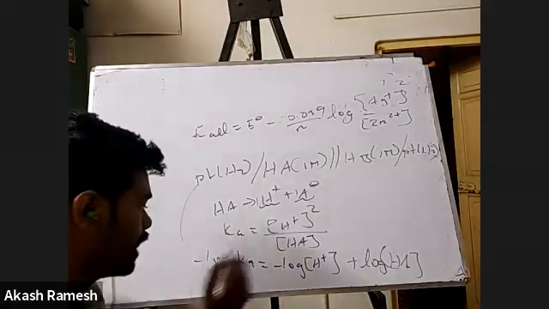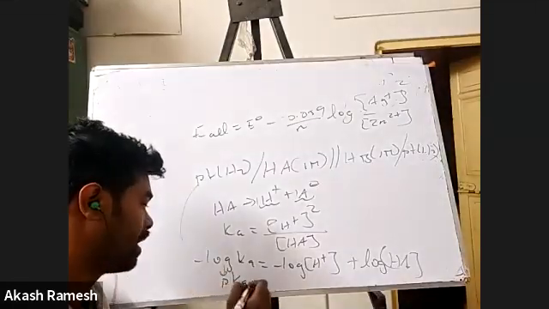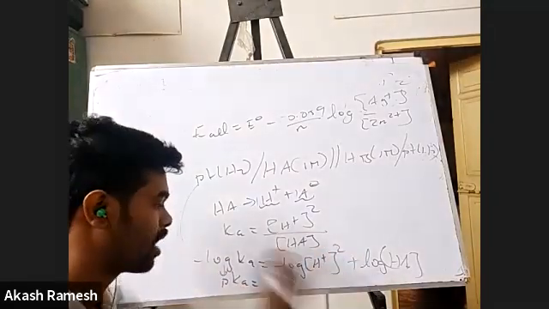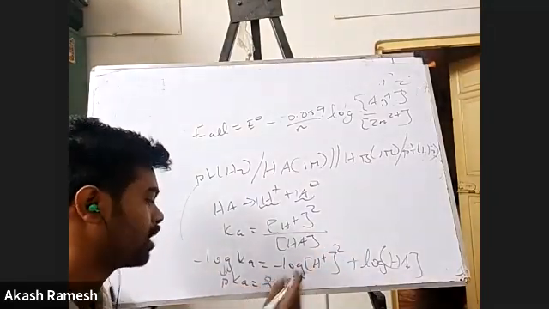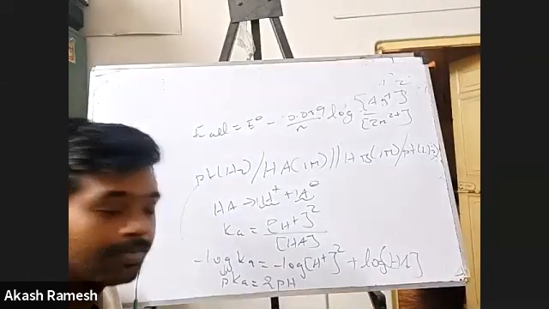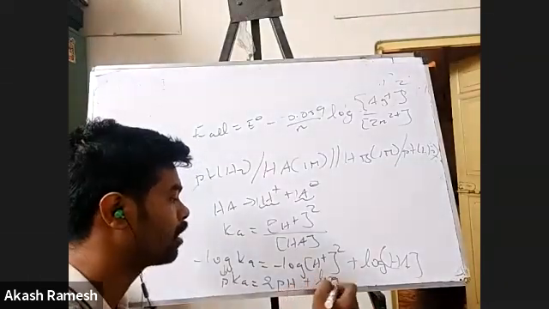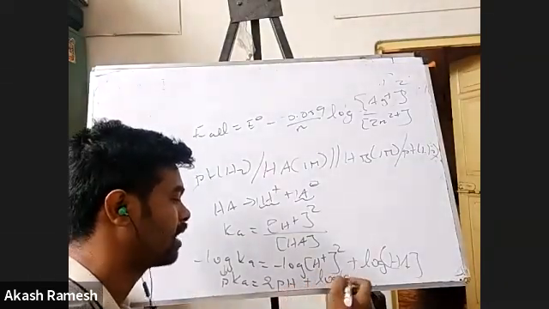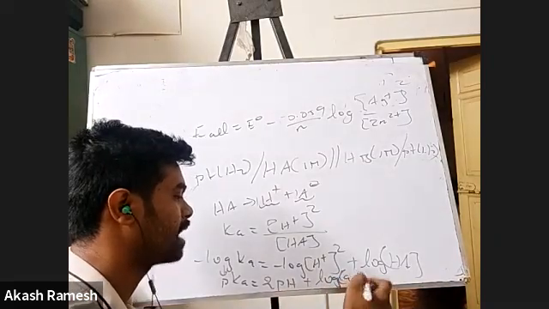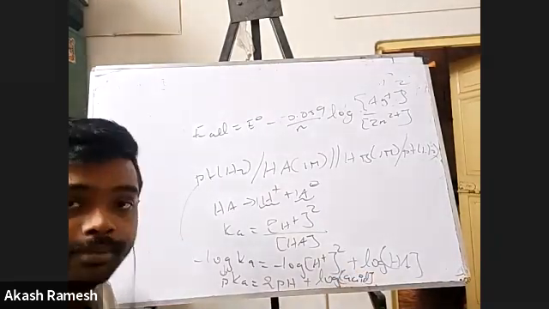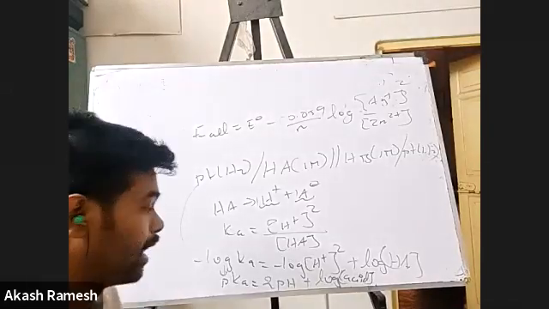So now negative log of Ka is my pKa, and since H plus is squared, I can write it as 2 into pH. pH is negative log of H plus, right? Plus log of the concentration of the acid, any acid for that matter. Correct, right?